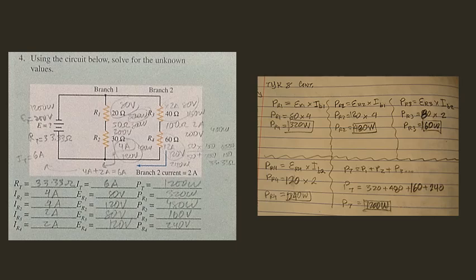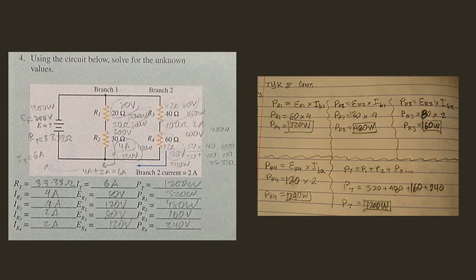Same formula used for the power at resistor 3, which is equal to the voltage drop at resistor 3 times the current at B2, or 80 volts times 2 equals 160 watts. Same thing for the power at resistor 4, equal to the voltage drop at resistor 4 times the current at B2, or 120 volts times 2, or 240 watts.